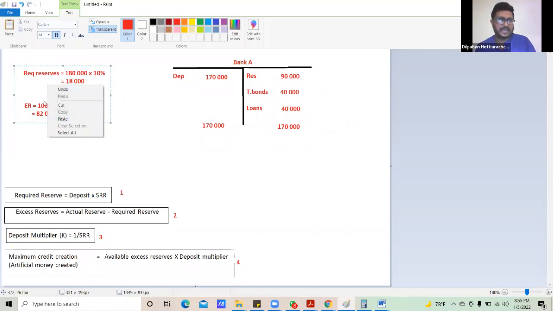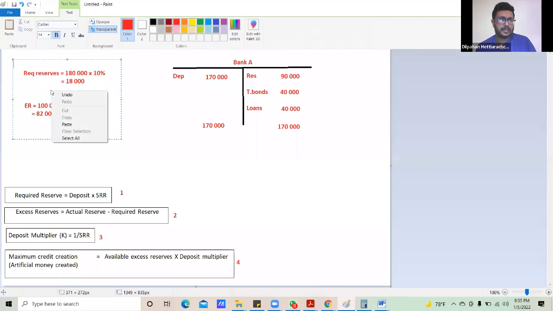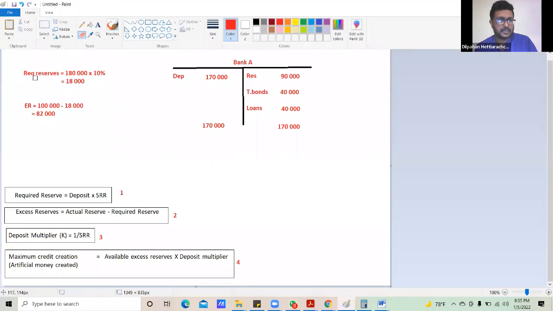So what I do is I take a copy of this, and then I modify this one. We have to do the same calculation. Now required reserves, the equation is the same. Deposits into SRR. SRR is 10%. Now deposit how much? 170, not 180. Right?